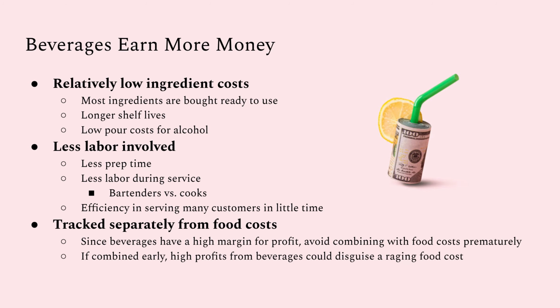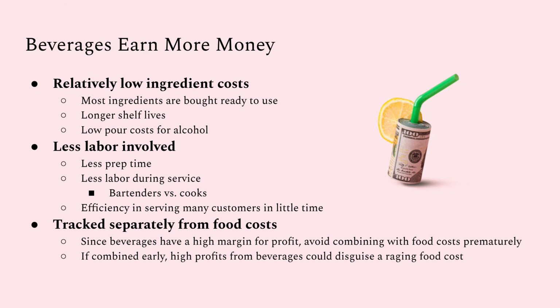Though these two costs in a business are lumped together eventually, they are tracked separately for quite some time, up until that month end, when you're taking inventory into account, because beverages have that high margin for profit.